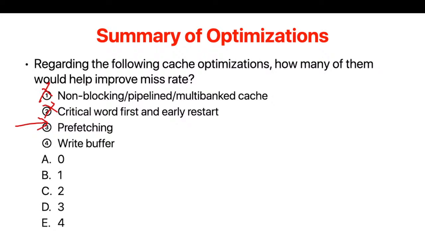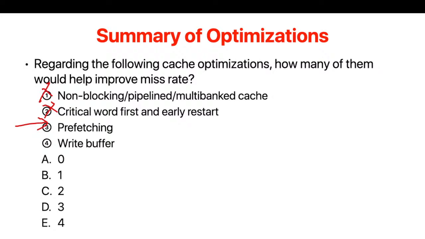However, when we say improve cache miss rate, it means the cache miss rate is low. I don't think this is vague. Like when we say improve your grade, you know your grade is higher, right? This is a very well-known convention. Okay, so it does improve miss rate.